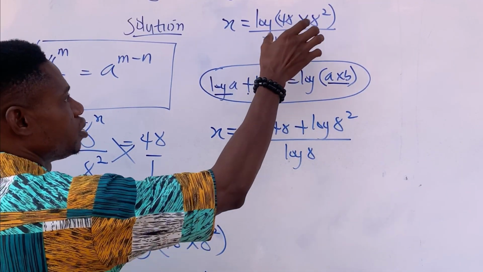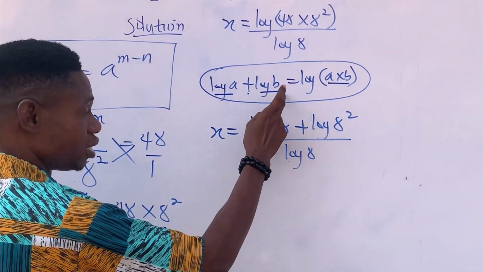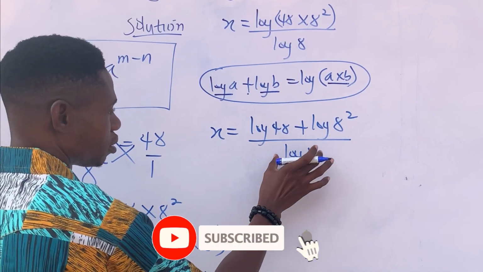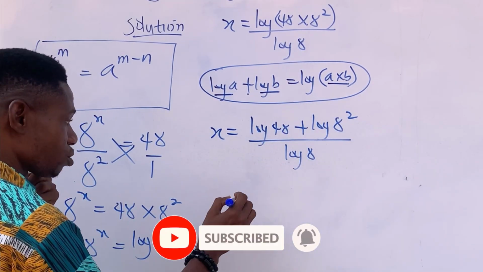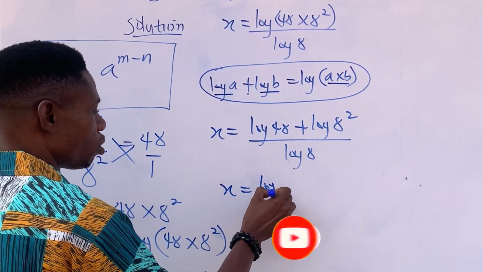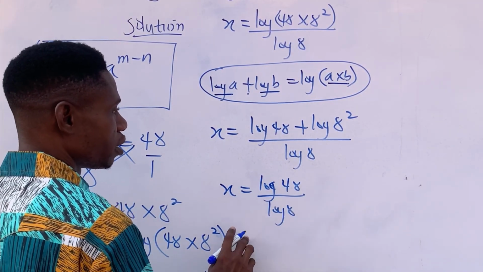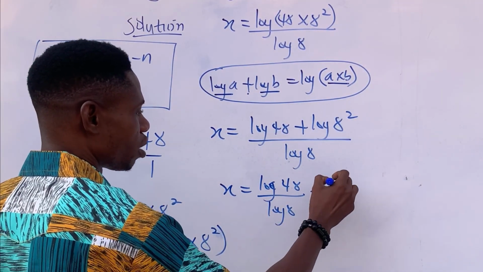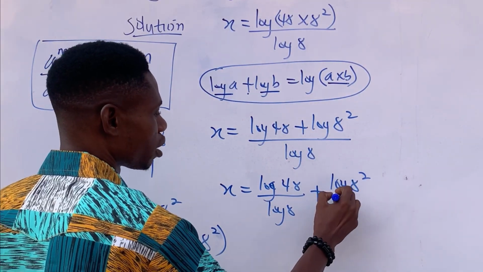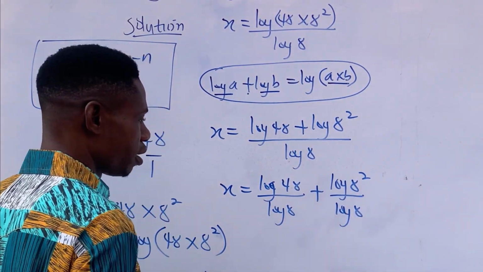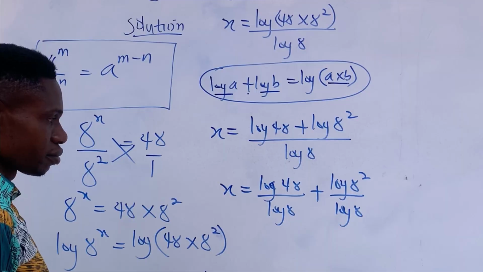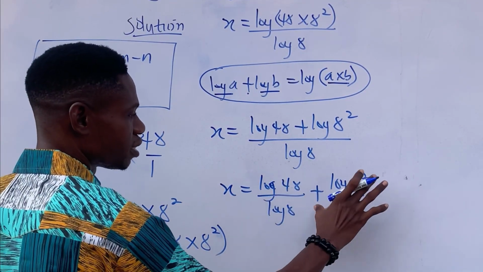So this has become this following this law. Now we can split this fraction. So we have x equals log 48 over log 8 plus, on this other side, log 8 square over log 8. Before we come here, let's settle this side.